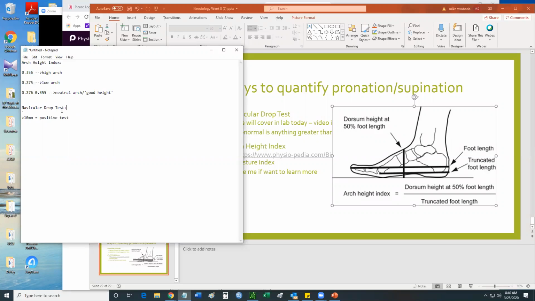With my navicular drop test, if I have greater than a 10 millimeter change, it means I have a positive test for overpronation. And if I had a less than 4 millimeter change, that's going to be a positive test for oversupination.